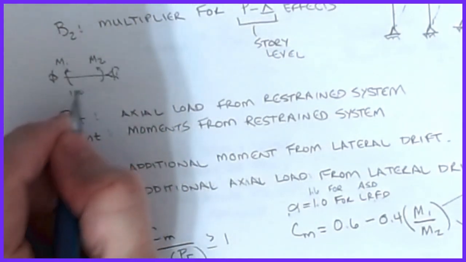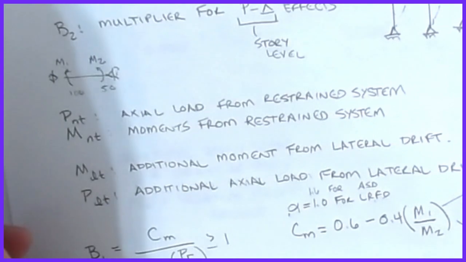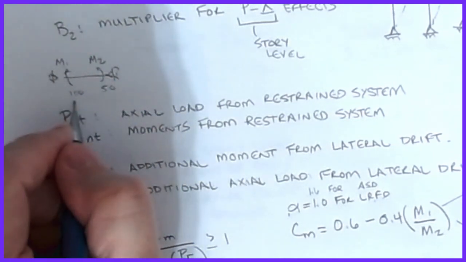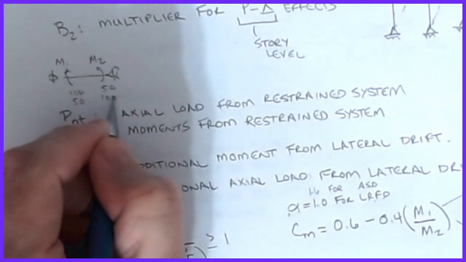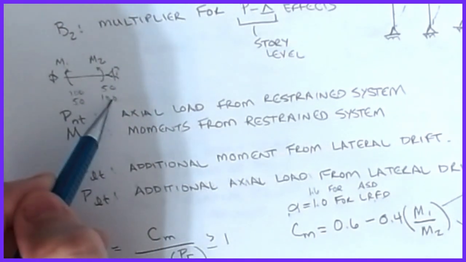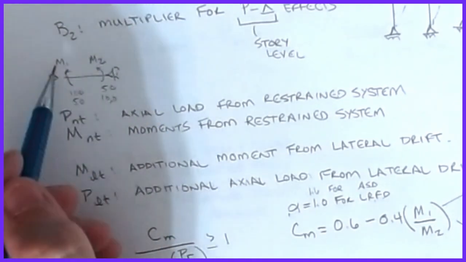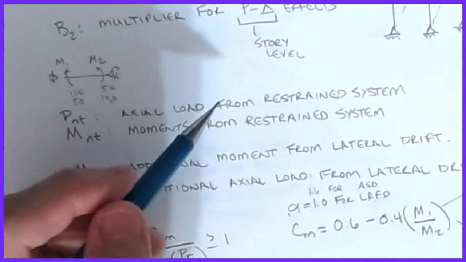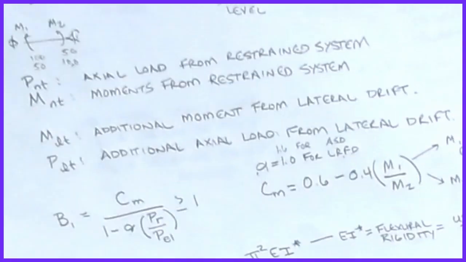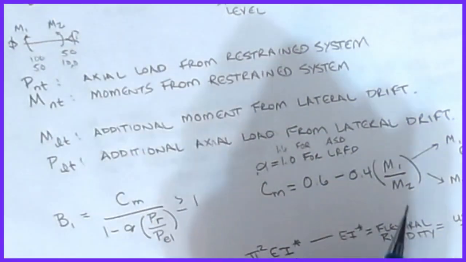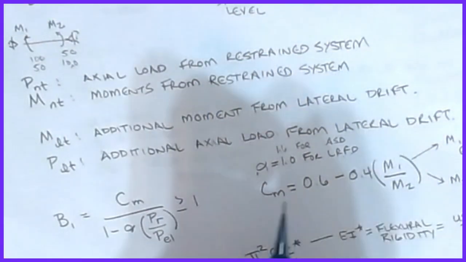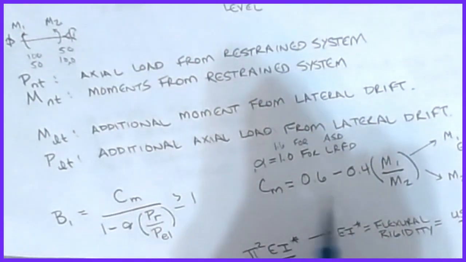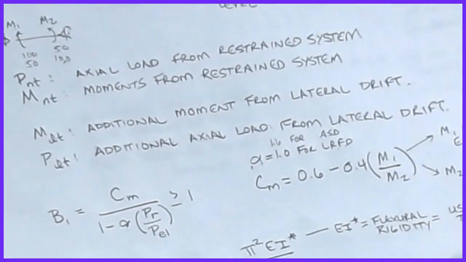If this is 100 and this is 50, M1 is 100. If it's the other way around, 50 and 100, then M1 is still 100. Even though I labeled these as 1 and 2, the larger one gets the M1 definition and M2 gets the other one. And if they have opposite signs, we can take that into account as well. But typically a lot of times we just take CM as 1.0, and you're allowed to do that.